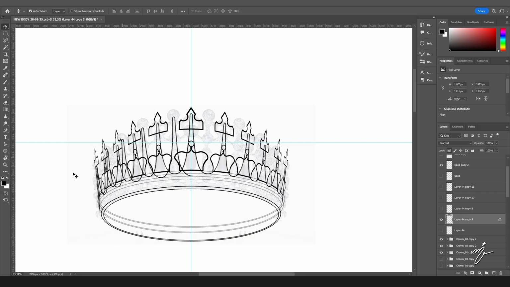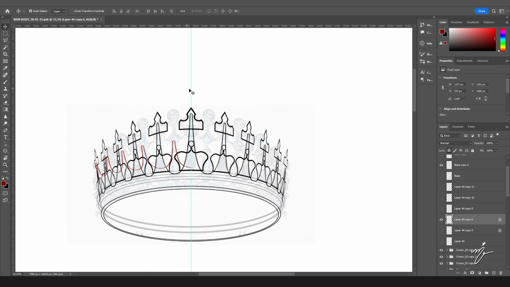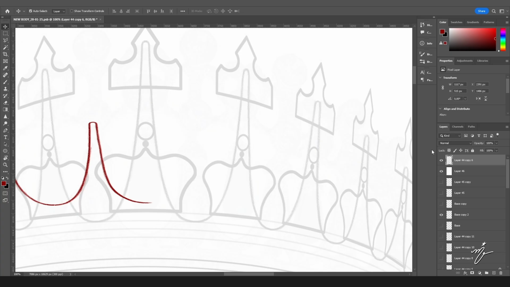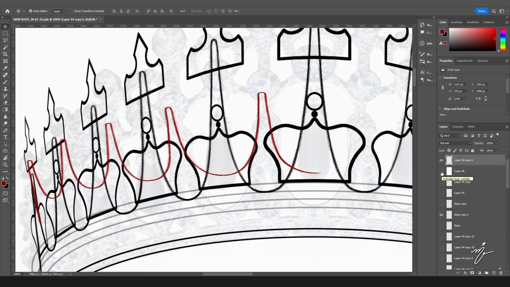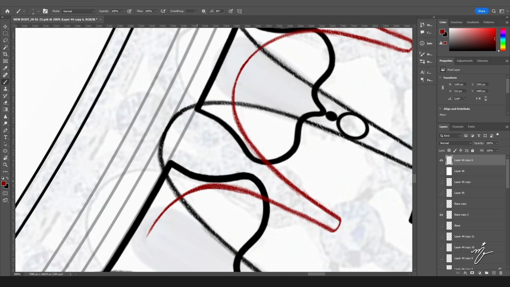Also, always measuring. Respecting the proportions, respecting the spacing. So I'm currently making these sharp peaks right here, but actually in the final version of the project, it won't have these peaks at all.